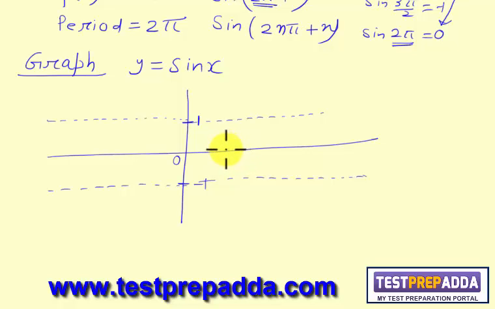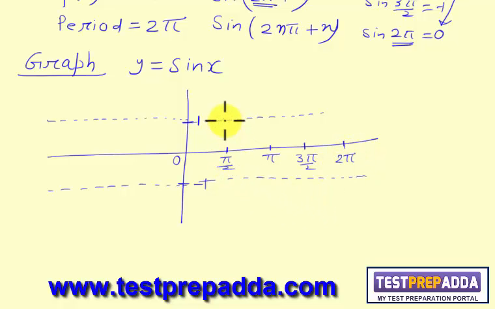Now here I take pi by 2, here pi, here 3 pi by 2, here 2 pi.